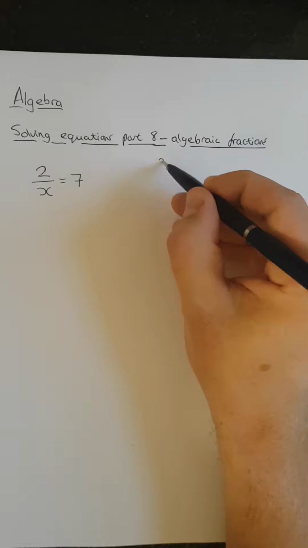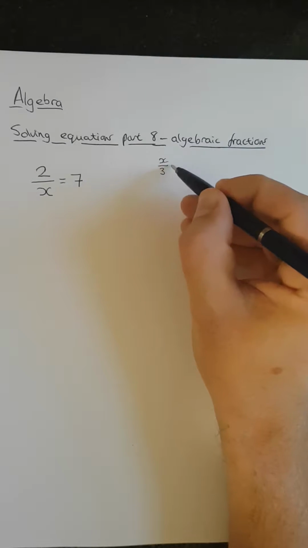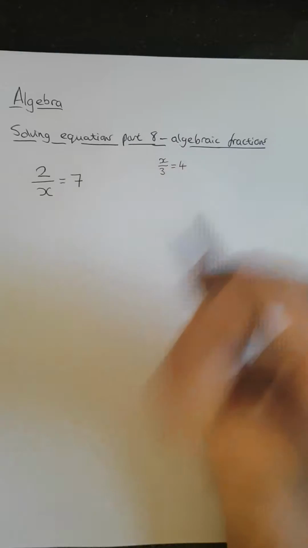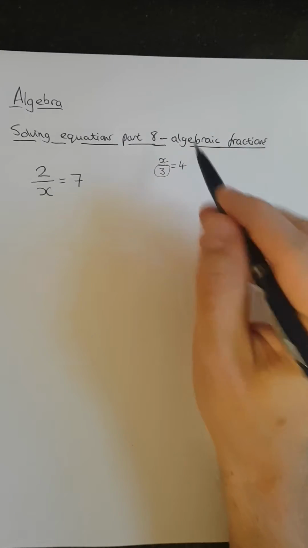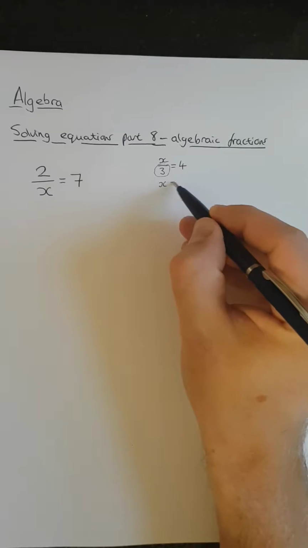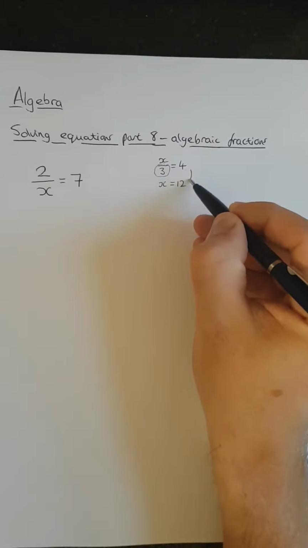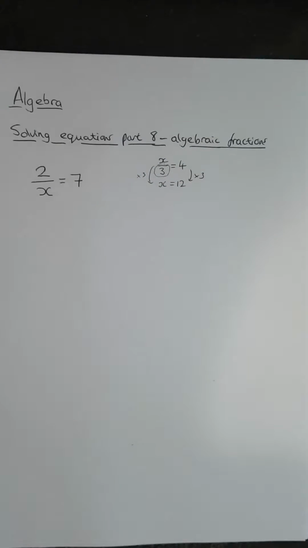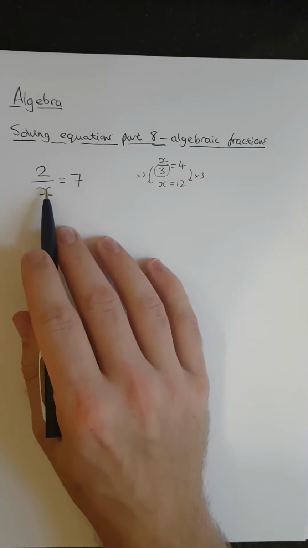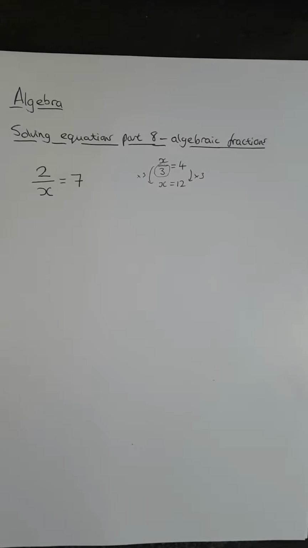We already know that when we have something like this, we can solve that quite nicely by reversing the divide by 3 and multiplying both sides by 3. But how do you reverse dividing by x?